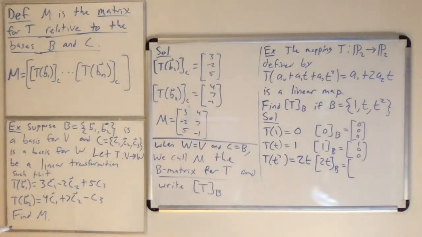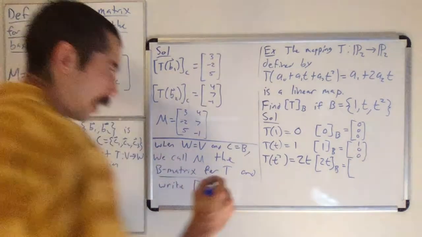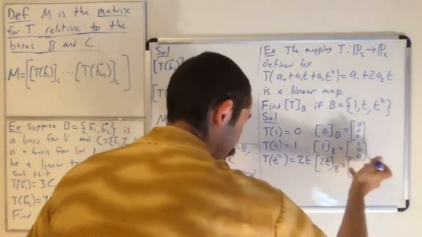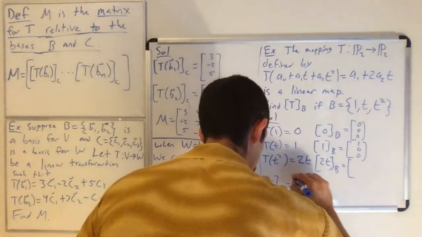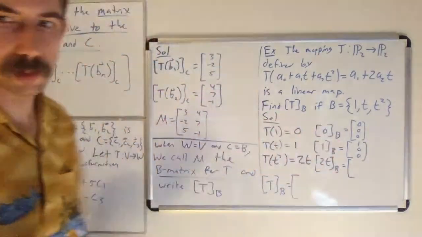What's the B coordinates of 2t? Somebody answer that. So we'll have some answer here, and then we can put this all together. T sub B is equal to, these are just the columns of our matrix.